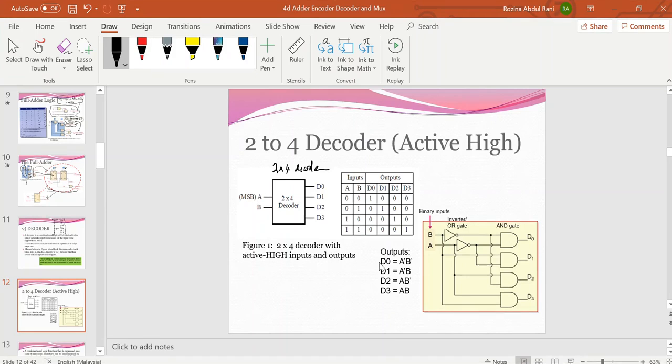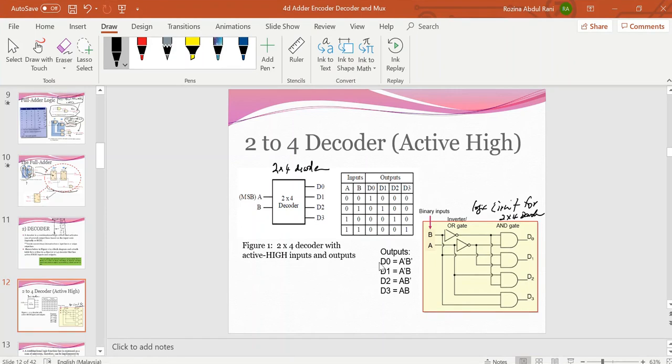Inside this decoder, this is how the logic circuit looks like for the 2 to 4 decoder.